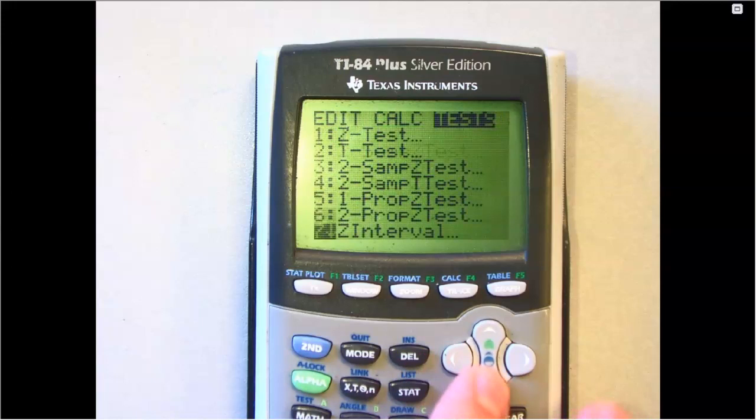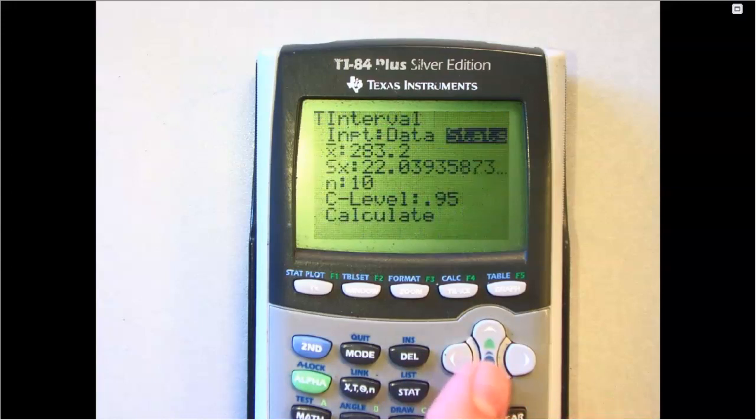Go to your T interval. Notice, is that still the mean and standard deviation after I put in 2 numbers? It's not. That's the same mean and standard deviation I had before. It still says n equals 10, and now it's 12. So it only fills in if you do the one variable stats.